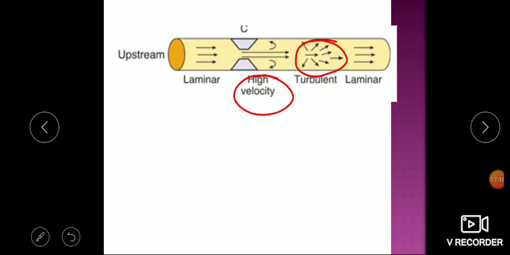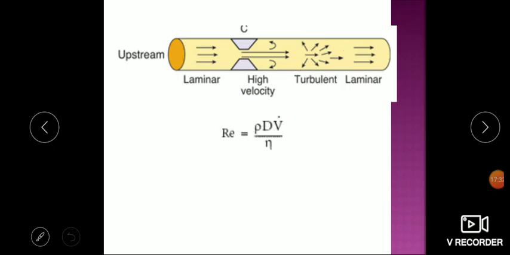This is called turbulence. This happens in the blood vessel whenever there is an abnormality. Under normal conditions, you will not get any sound on the blood vessels. But when you get some sound on a blood vessel, you have to think that there is some problem inside the vessel. That means laminar flow is disturbed.